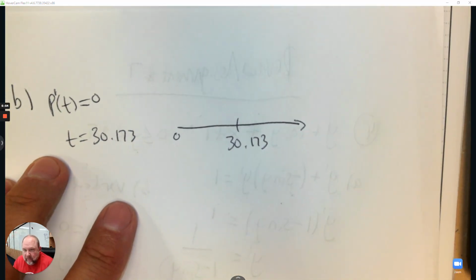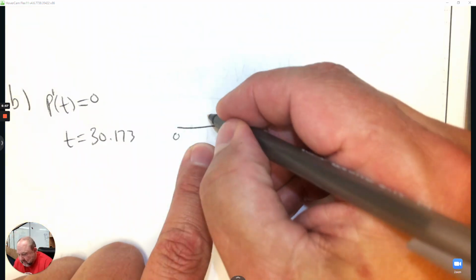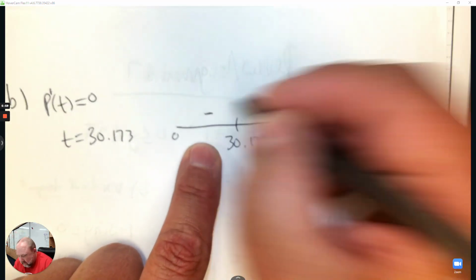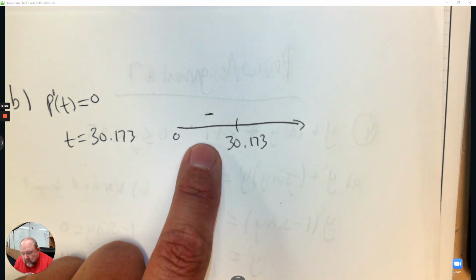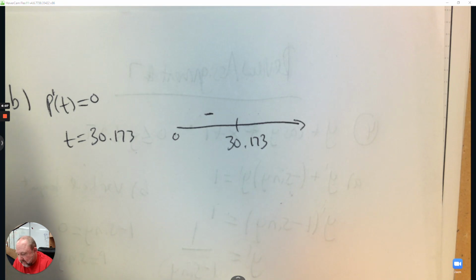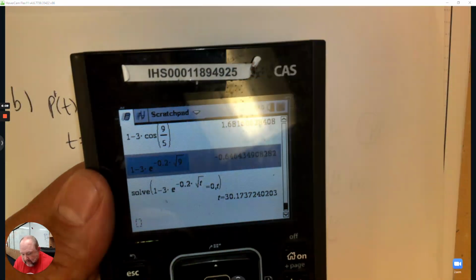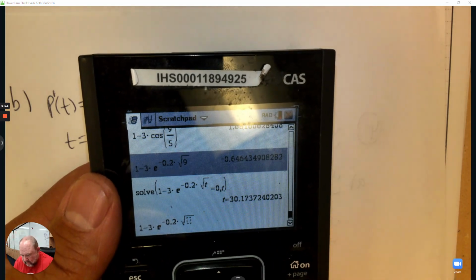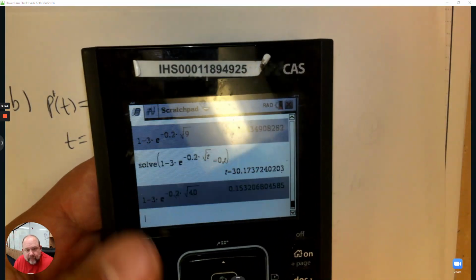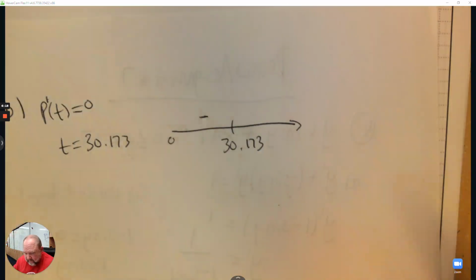We already know that when you plug in 9, the answer is negative, right? That was in part A. And so what would happen if I plug in a number bigger than that? Like if I go back up here, see where I plugged in 9? Like let's say I plugged in 40. The answer is positive.